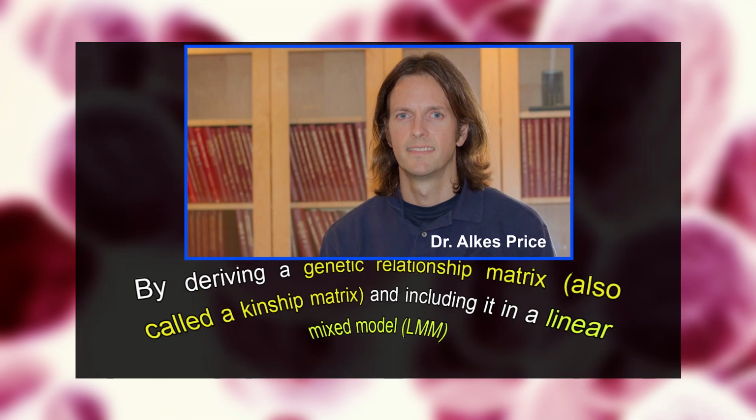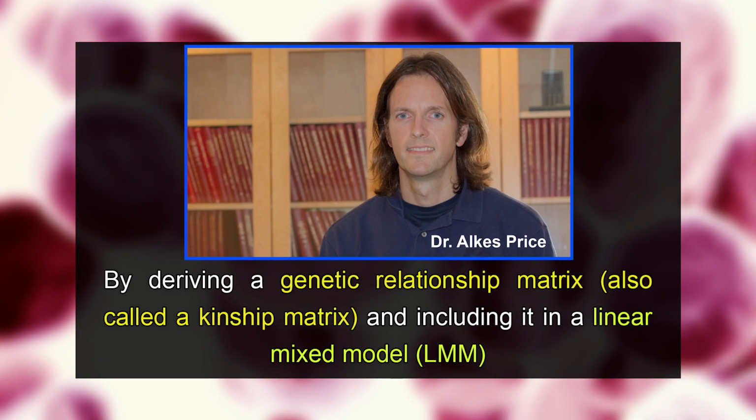More recent approaches make use of principal component analysis, as demonstrated by Alkes Price and colleagues, or deriving a genetic relationship matrix, also called a kinship matrix, and including it in a linear mixed model, that is LMM.